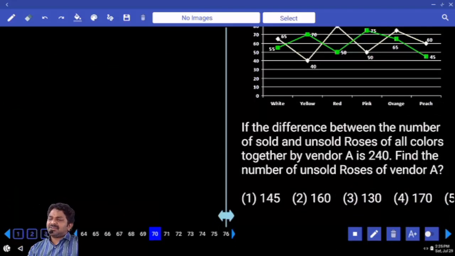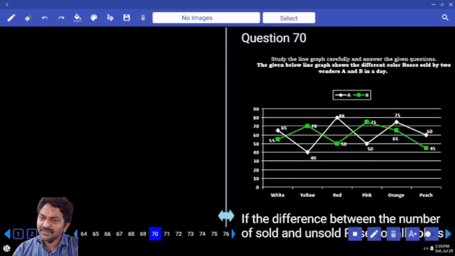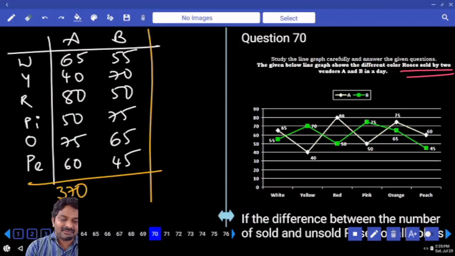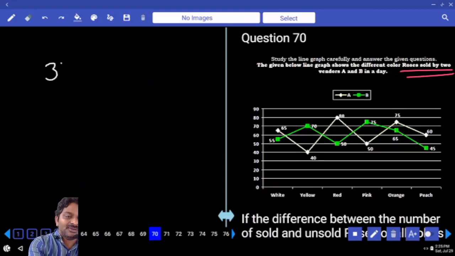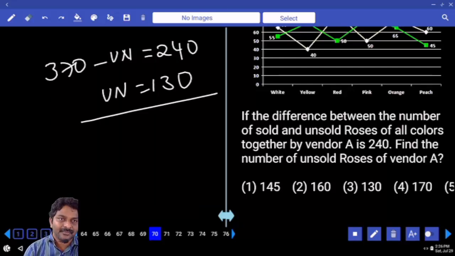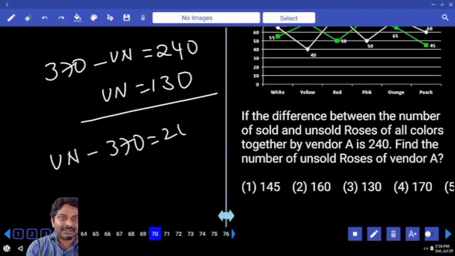Vendor A unsold roses. Sold items are 370 minus unsold, and this is equal to 240. Unsold items are 130. Clear, right? Even here also, it may be unsold minus 370 is equal to 240.